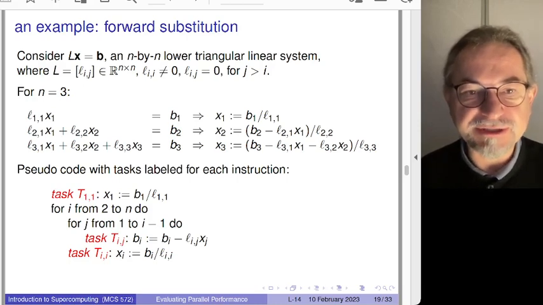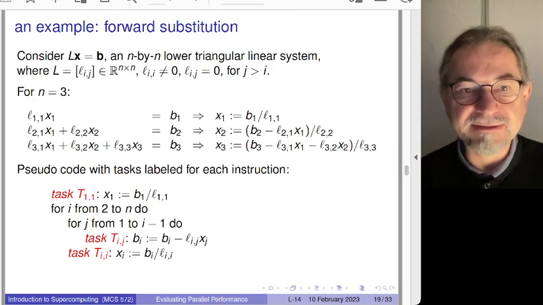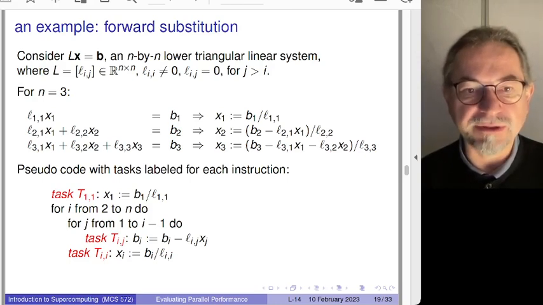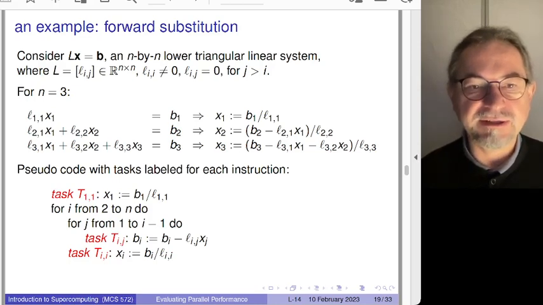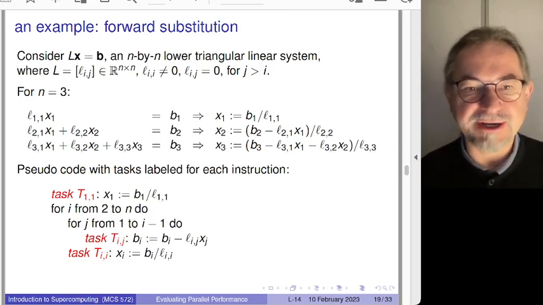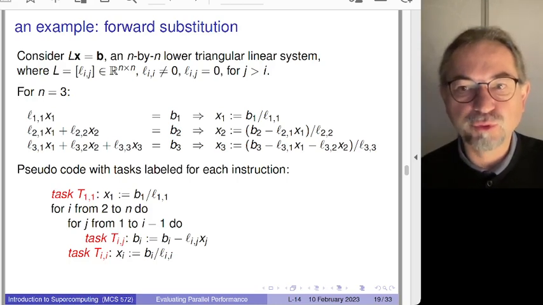Here it's interesting: the task can be indexed with a double index, the index i and j. So it's a double loop. We have a triangular system, and the identification of the tasks will correspond to the nodes in the task graph.